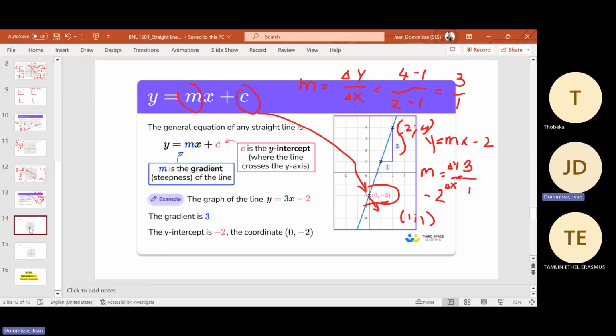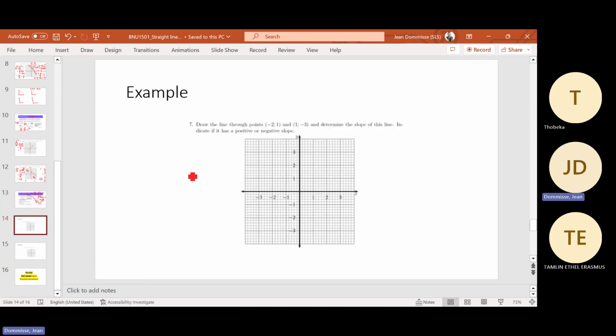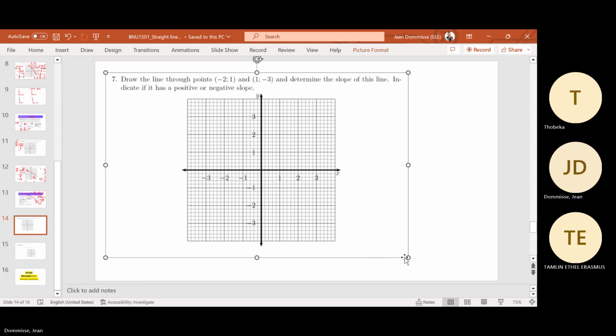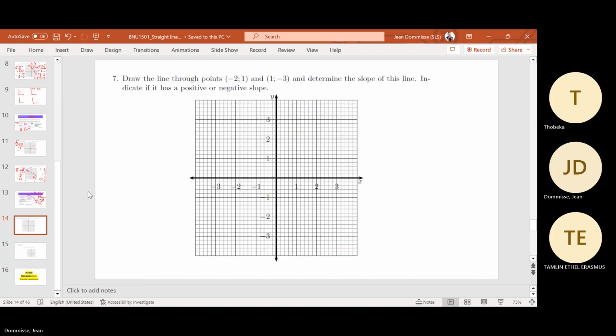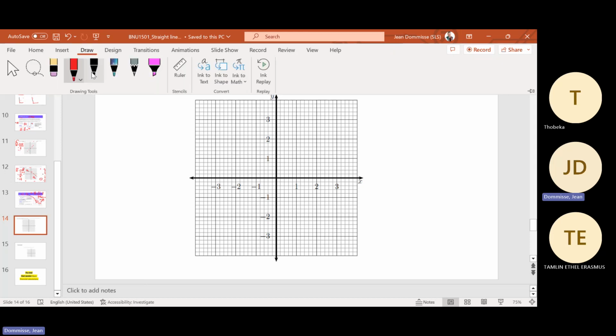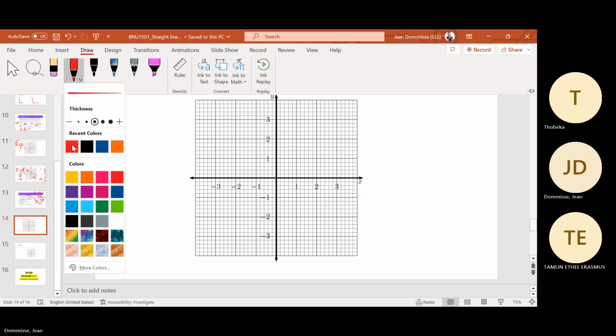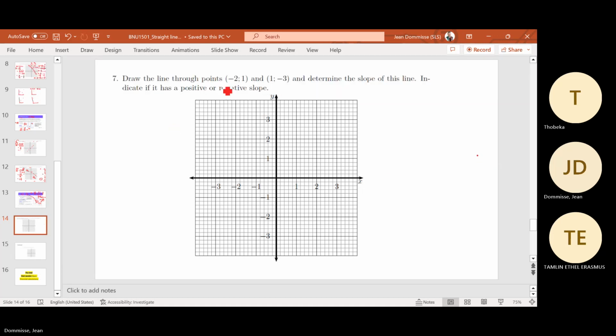Okay, so let's look at two more examples, and let me make this bigger again. Once again, they give us points: -2 and 1, and 1 and -3.